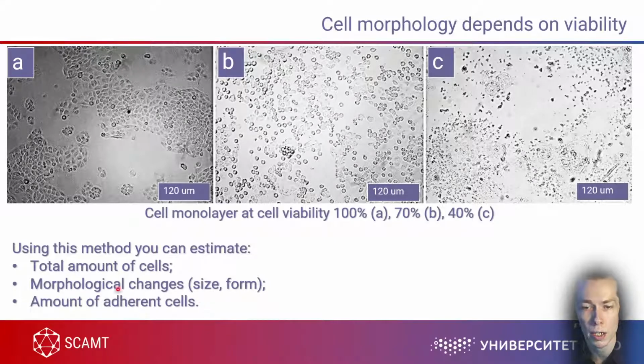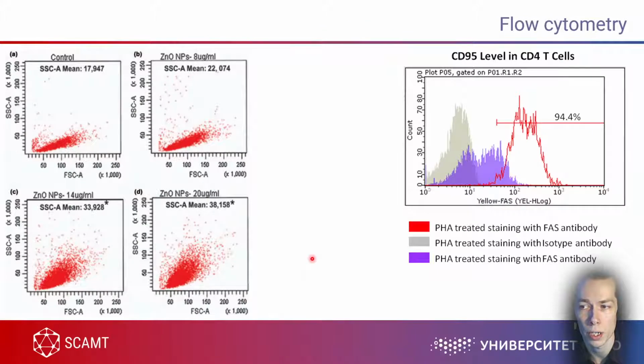In some ways it also can be useful, but that's basically all that you can obtain from a simple optical microscope. But there are some other more powerful techniques which are also connected with the shape and size of cells.